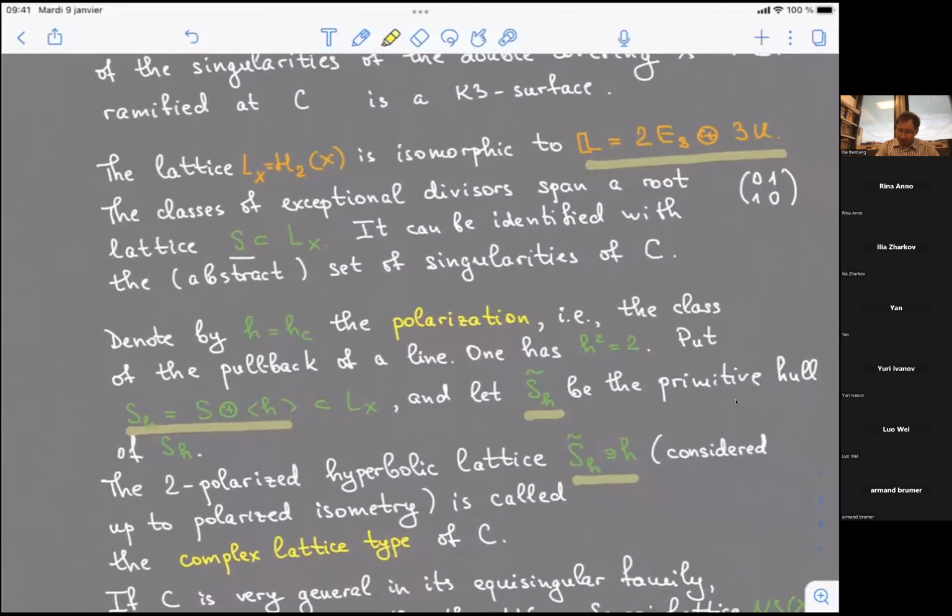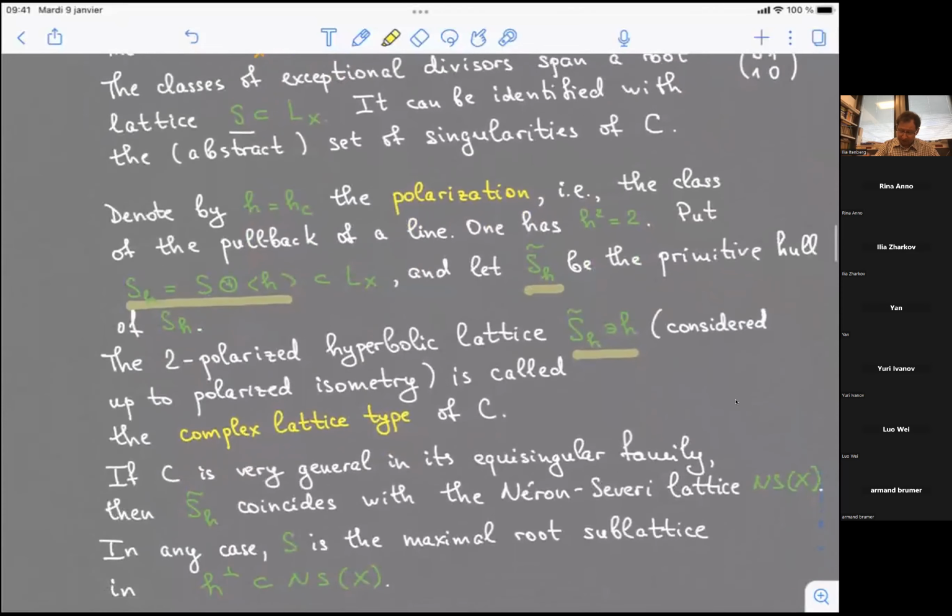And well, if you prefer, you can think about the Néron-Severi group. So if my sextic is very general in its equisingular family, then this SH tilde is exactly the Néron-Severi lattice of our K3 surface.